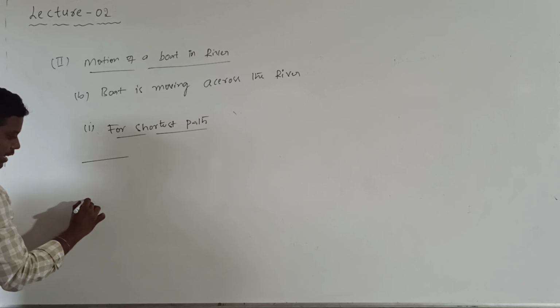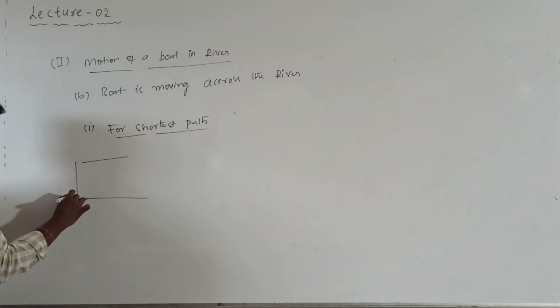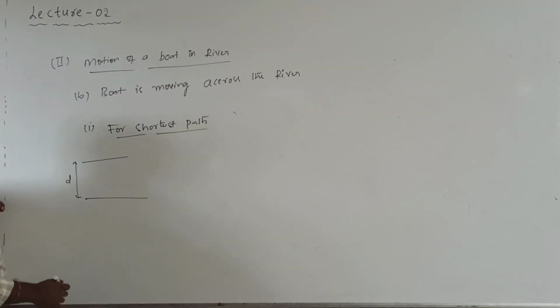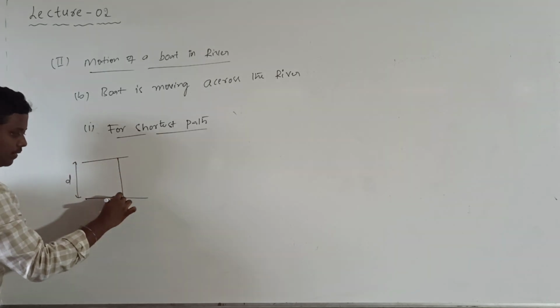Let me consider the river. The width of the river, let me call it D. Now the boat is going across the river. This is the normal route across the river.